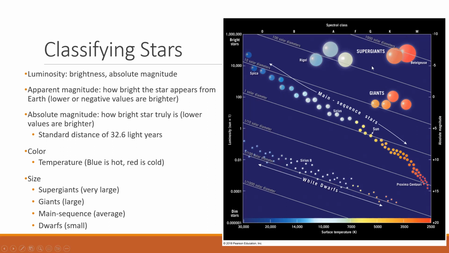The supergiants are going to be older stars. The dwarfs are going to be older stars as well. The giants tend to be older stars too. They've made it through their main sequence, or their main life, and they're about to hit the end of their time.